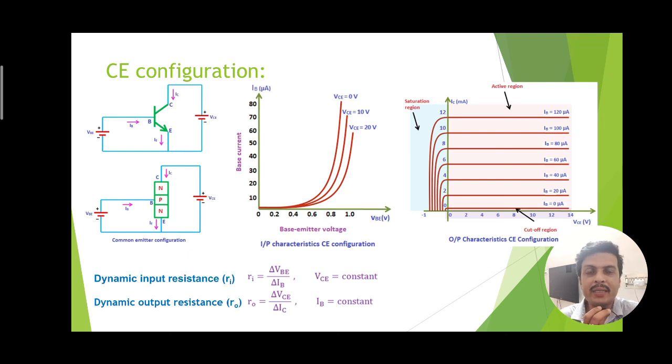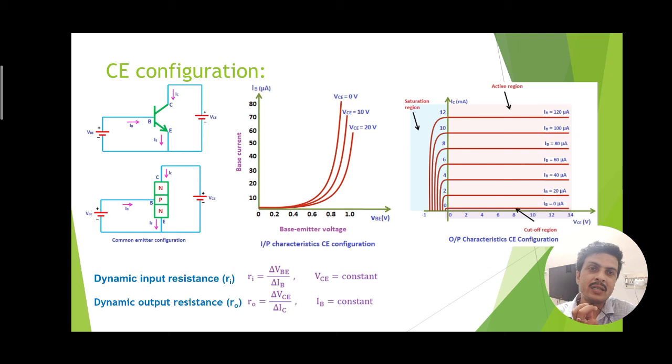So there are two characteristics that can be obtained under this configuration. One is called the input characteristics, another is the output characteristics. For the input, it is between the base emitter voltage and the base current.